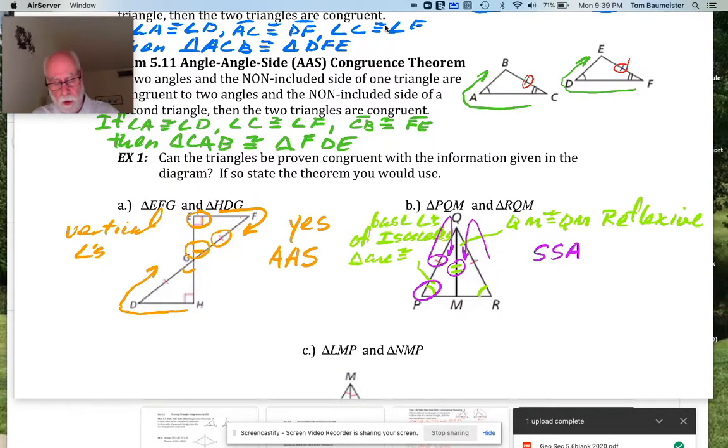The only way it would work is if we knew that this one right here was a right angle. And they didn't tell us it was. And so we can't assume that it is, ladies and gentlemen. So the only thing we know is it's side-side-angle. And as you know, we can't say that the triangles are congruent. We can't say that. Okay.